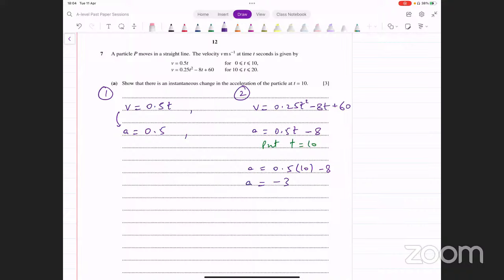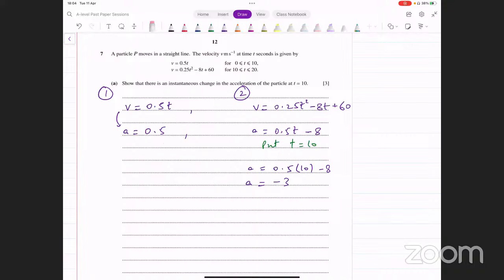Second equation से time equals 10 के ऊपर आपको minus 3 acceleration मिल रही है. So this is a negative acceleration. दोनों different है, तो बस आपने show कर दिया कि there is a change. It's going from 0.5 to minus 3. All right.